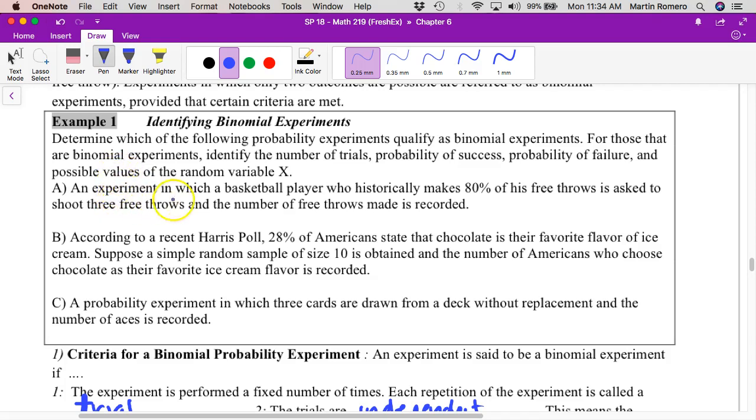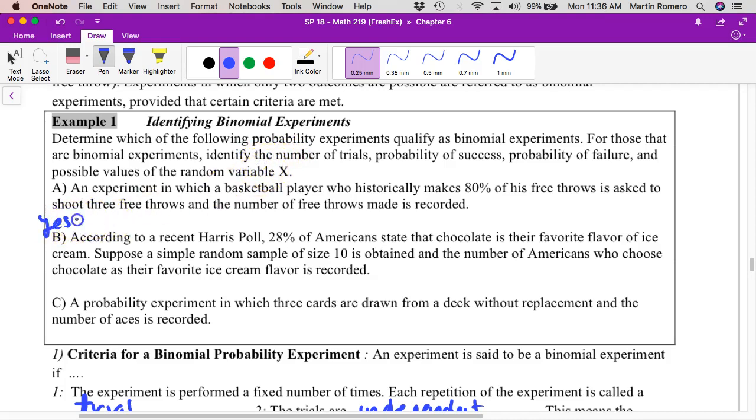Part A, an experiment in which a basketball player who historically makes 80% of the free throws is asked to shoot 3 free throws, and the number of free throws made is recorded. So think about it. Is that a binomial probability experiment? After thinking about it, we would say yes, this is a binomial experiment.